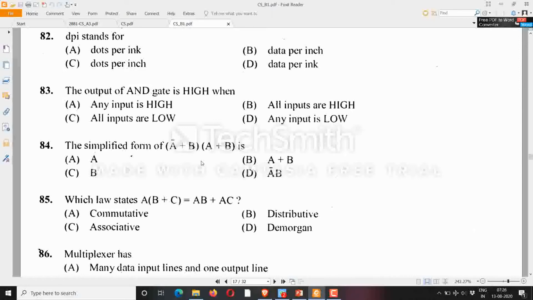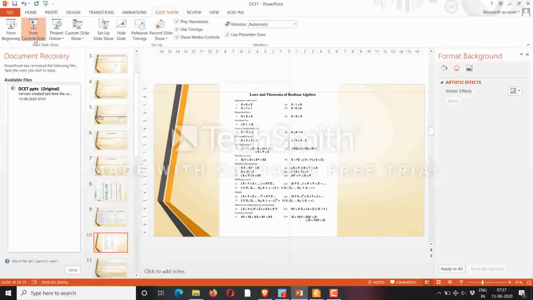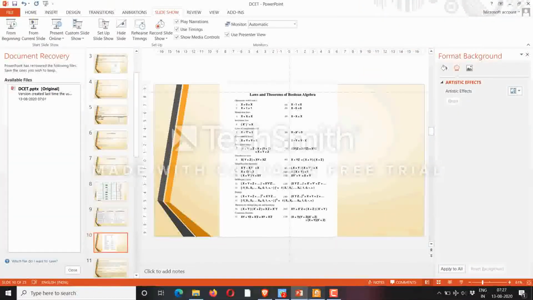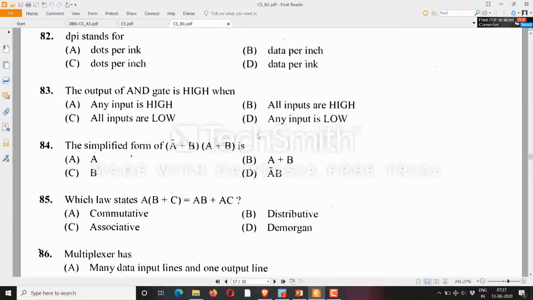It is y, isn't it? So here you can see that x plus y bar is equal to x itself. In the other way also you can take x plus y multiplied by x bar plus y is equal to y itself. In that way you can solve the problems quickly.